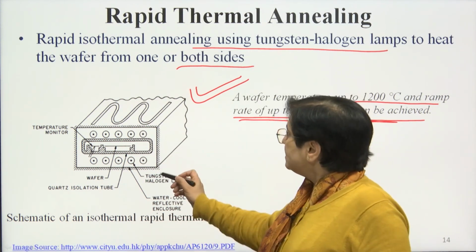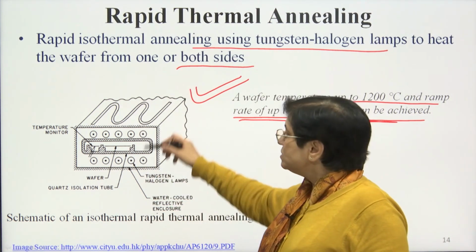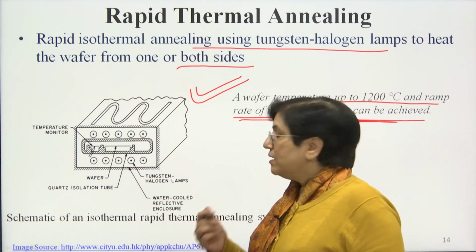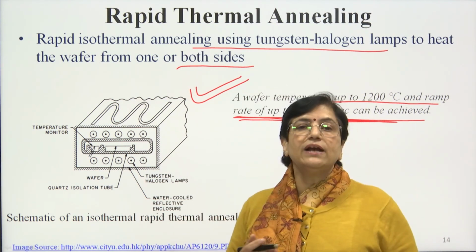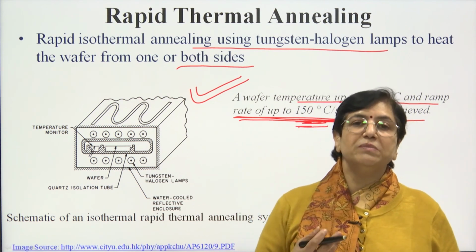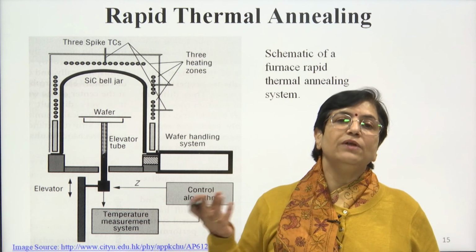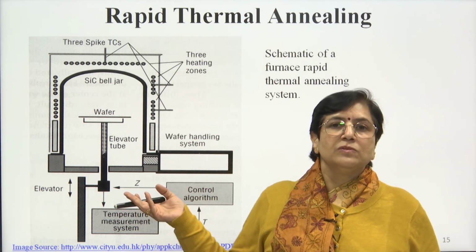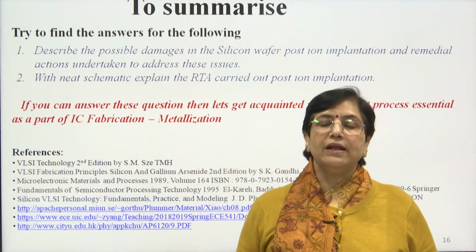So, this is the system where we use tungsten halogen lamps, and both-side heating is possible. The main advantage of this system is that the rate at which the temperature can be elevated is much better as compared to a furnace, because there are more controls involved in a furnace. Furnace handling is much more difficult as compared to rapid thermal annealing.